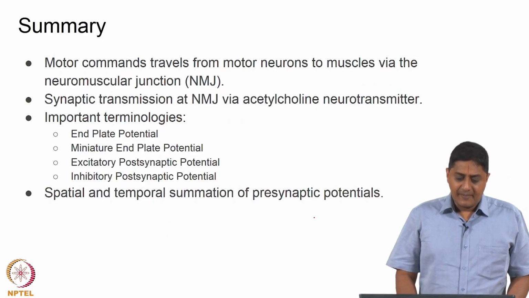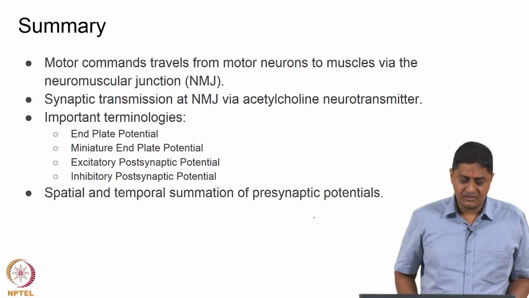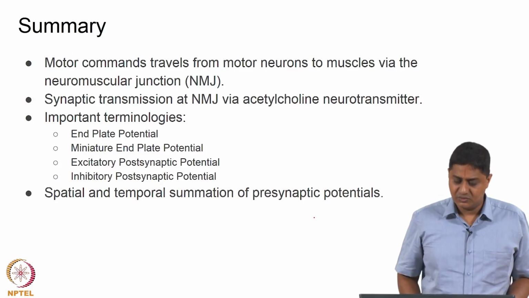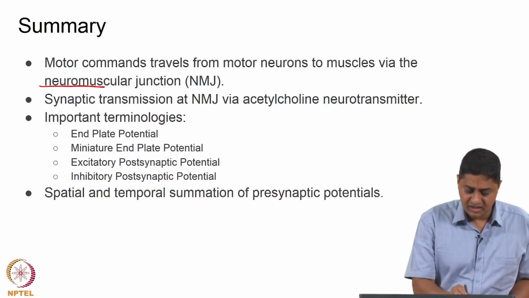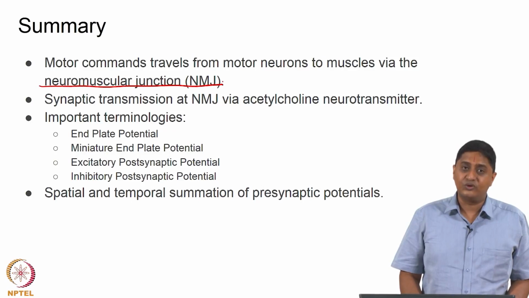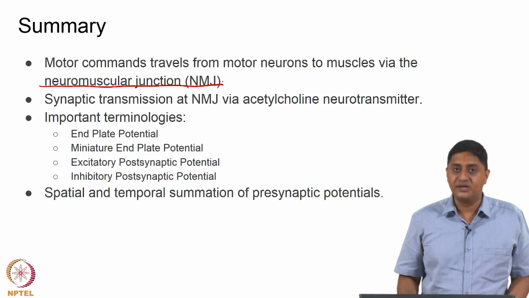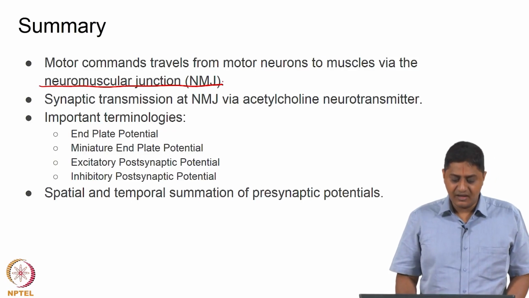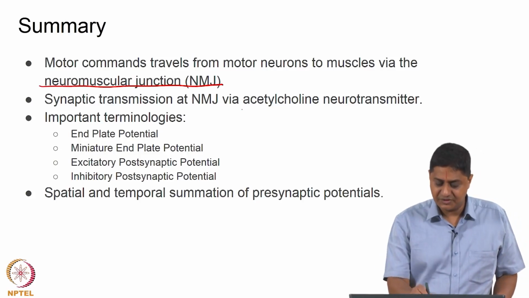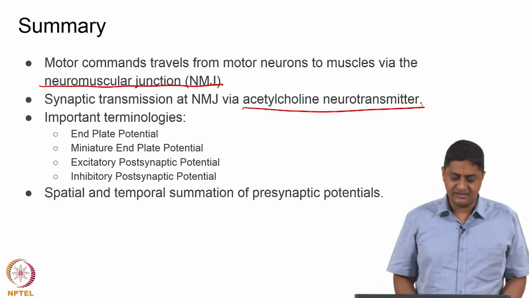So, in summary, we have seen that motor commands travel from motor neurons to muscles via the neuromuscular junction, which is mediated by the neurotransmitter acetylcholine. How acetylcholine causes this is something that we have seen, and synaptic transmission at the neuromuscular junction via the acetylcholine neurotransmitter we have seen in relatively greater detail.